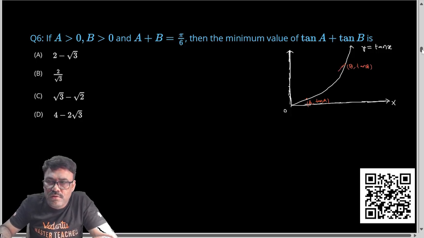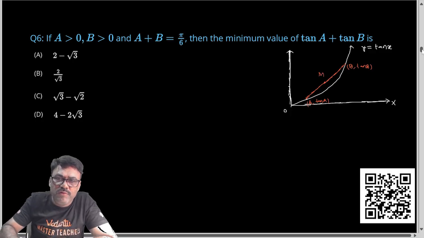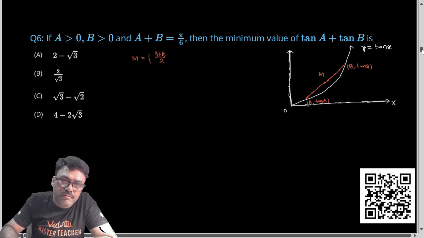And if I join this line segment AB, the middle point will be what? Let's say middle point is M. So M is the middle point of AB. So that will be a plus b by 2 and tan a plus tan b by 2. And a plus b is pi by 6, so this is pi by 12 and tan a plus tan b by 2.